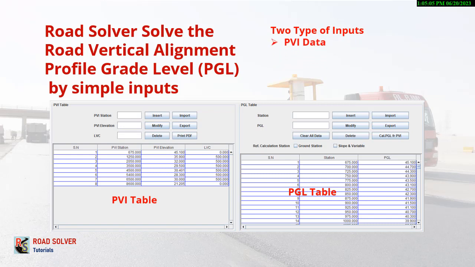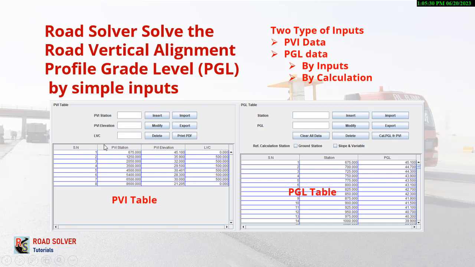For the data, there are two types of inputs. One is PVI data, another one is PGL data. PVI data you have to input directly by the user only. But for PGL data, there are two methods you can give the inputs. One is you can give it directly from the user by inputs, or by calculation.